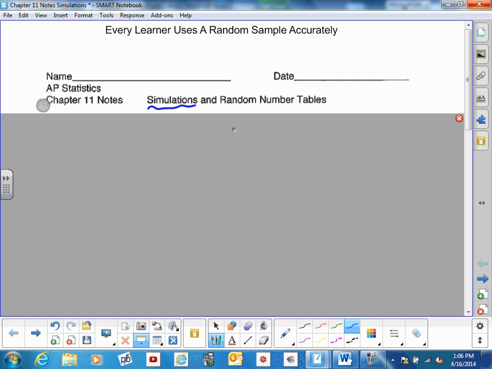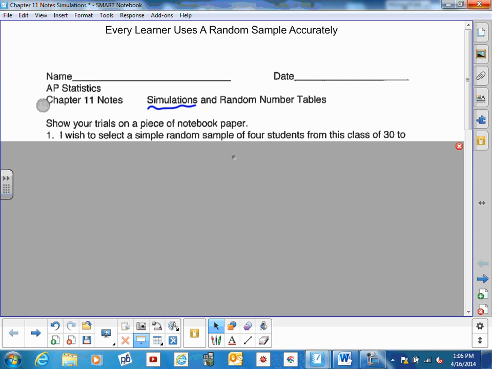For example, on this first problem, we're going to describe how we would take a simple random sample of our class to get 4 students. If you remember experimental design at the beginning of the year, I used to say the simplest way is to put all 30 students in a bag, shake well, and randomly pull out 4. Well, the logistics of that are problematic.